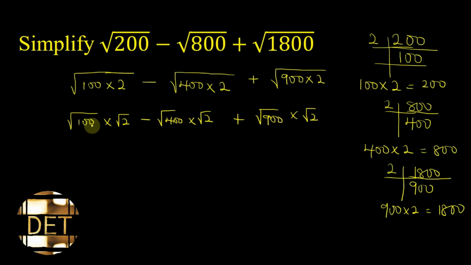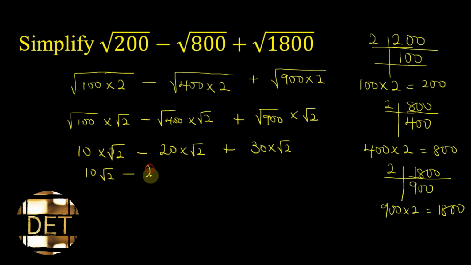The square root of 100 gives 10, so 10 times root 2, minus square root of 400 gives 20 times root 2, plus square root of 900 gives 30 times root 2. So 10 root 2, minus 20 root 2, plus 30 root 2.